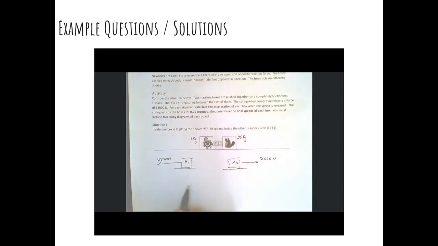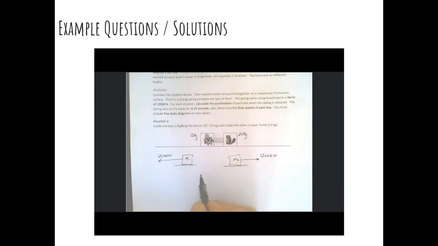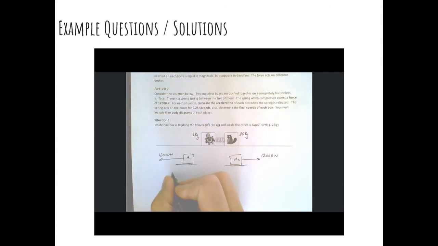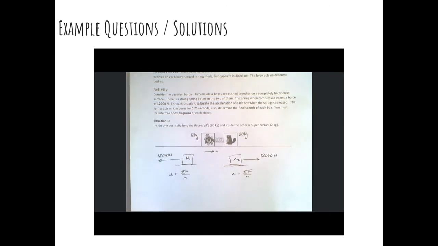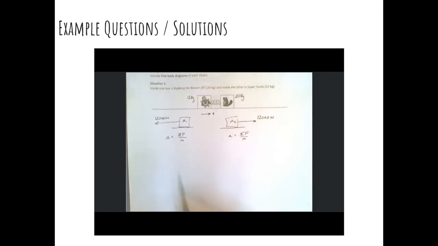The last part we're going to look at is to figure out what the accelerations are. Without showing all the rearrangements, we just use Newton's second law in each case and rearrange it for acceleration. We're going to pick a direction to be positive. Let's pick this direction to be positive, and we plug in our numbers. So this one is going to be 12,000 newtons in the positive direction over the mass of the turtle, which is 12.